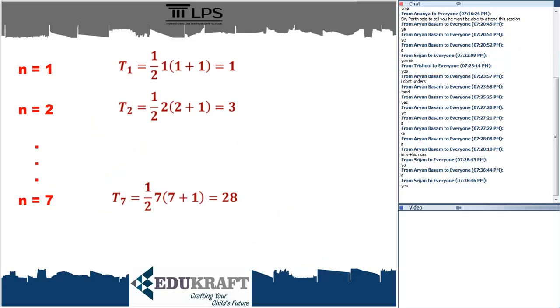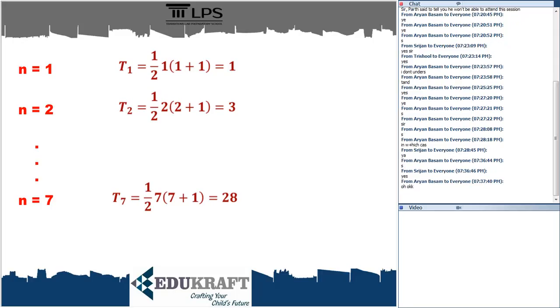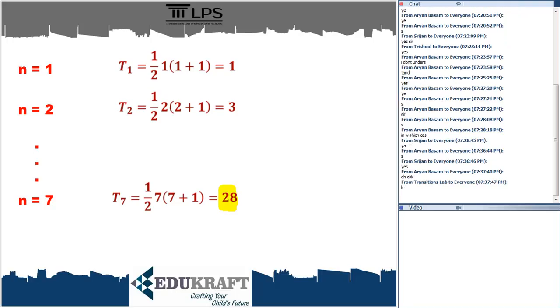Here what I have done is a trial of the formula, to check whether the formula is working or not. When I substitute n as 1 in the formula, I get t1 equal to half into 1 into 1 plus 1, which is equal to 1. T2 is going to be half into 2 into 2 plus 1, which is equal to 3. T7 is half into 7 into 7 plus 1, which is equal to 28, and we saw previously that the seventh term of the triangular numbers is 28.